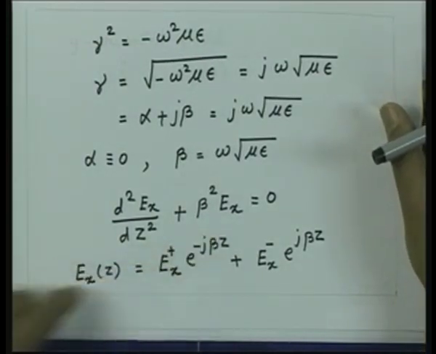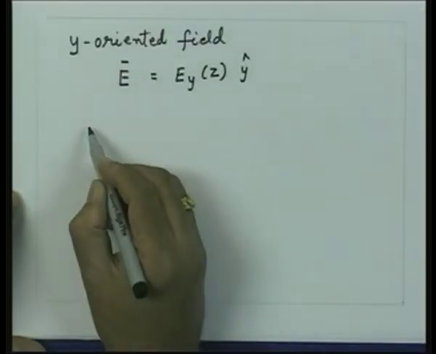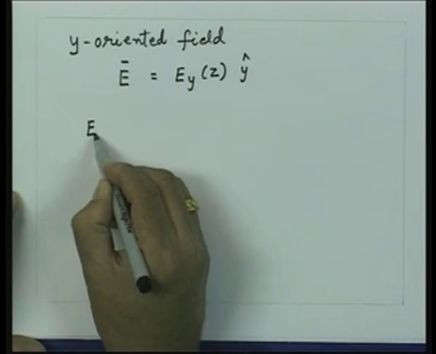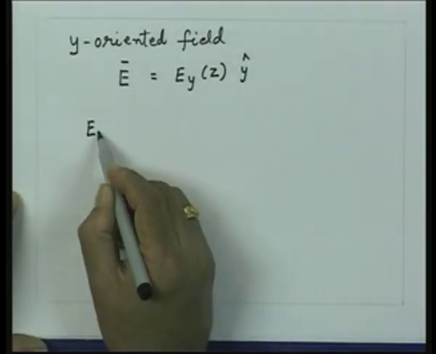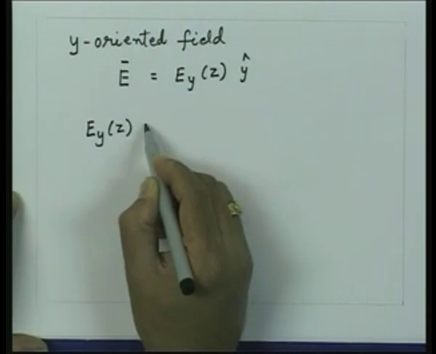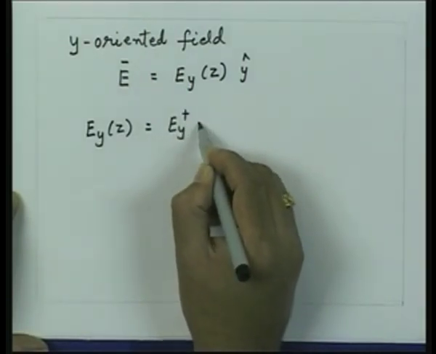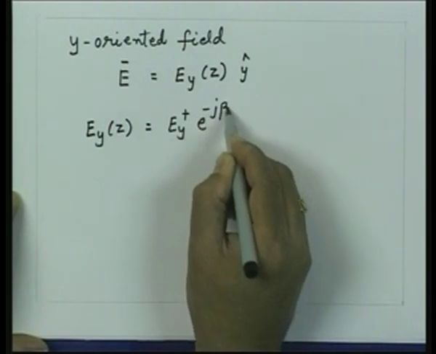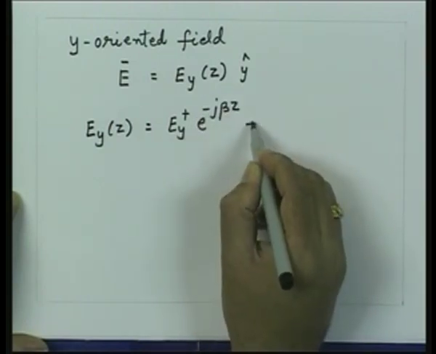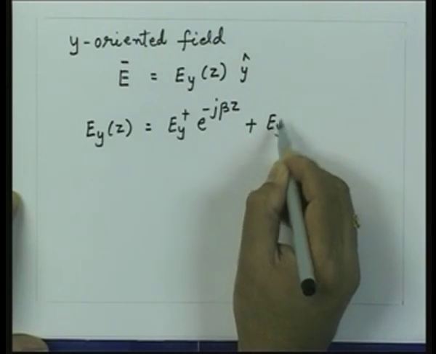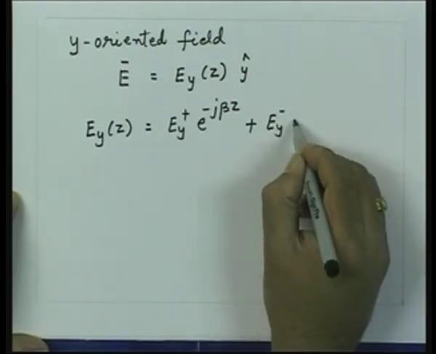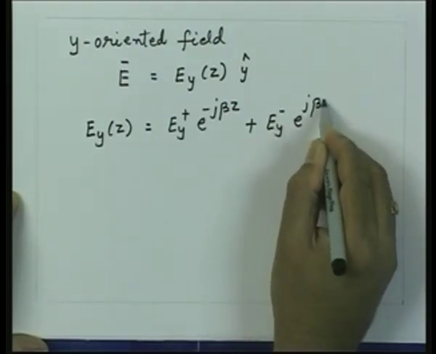So for this also I will get a solution that Ey as a function of z will be Ey plus e to the power minus j beta z plus Ey minus e to the power j beta z.